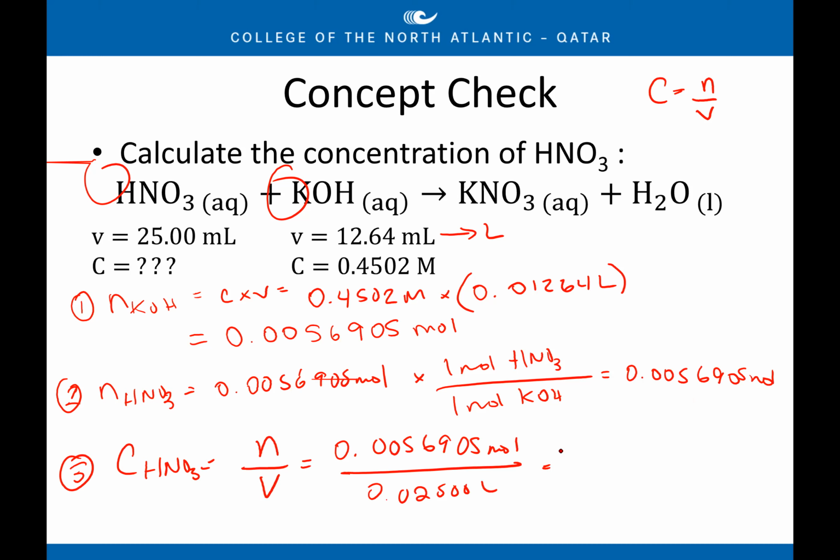One thing that's important: you'll notice that I'm using 25 milliliters here because the volume of my acid was 25 milliliters. So just be careful in this step. Make sure you use the correct numbers, and let's see what I get.